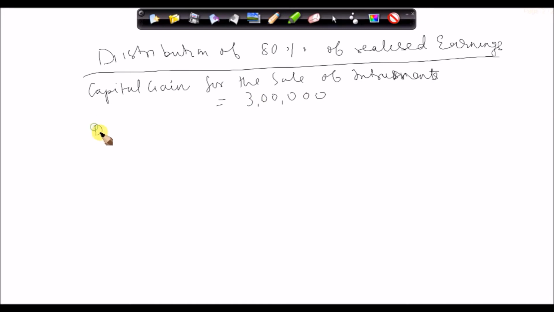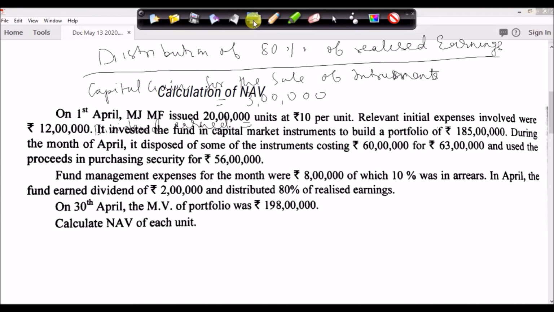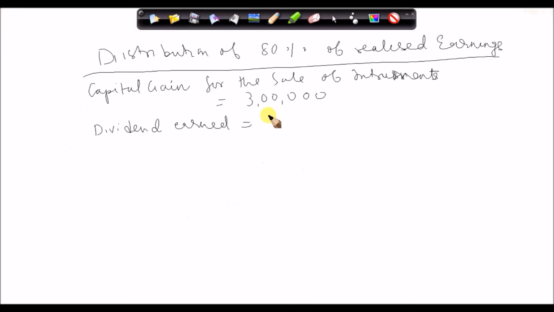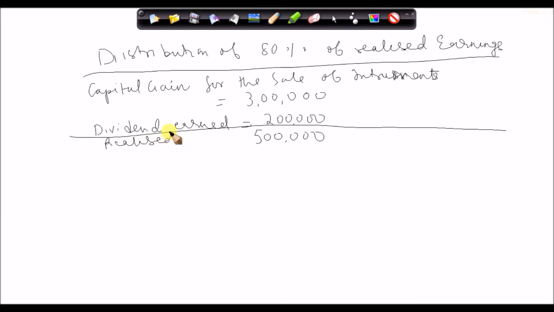Then there is a dividend which the fund has earned, and that they have given us already, that the fund has earned a dividend of 2 lakhs. So I can say that the fund is having a realized earnings of 5 lakhs.